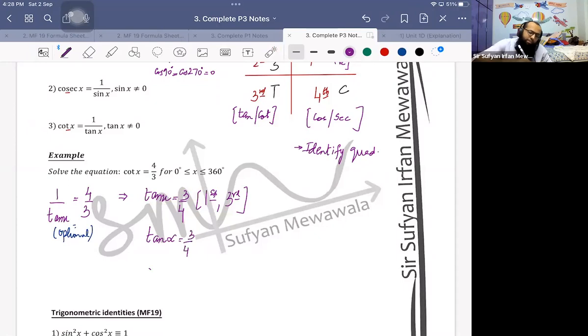Even if here it was negative 3/4, we would have taken positive 3/4 when taking alpha with tan, because alpha is an acute angle. It lies between 0 and 90, or in radians, between 0 and pi/2. It is always acute. It has no direction. It is always positive. So for finding the basic angle, we always need to ignore the negative sign. And that is why alpha will be equal to tan inverse of 3/4.